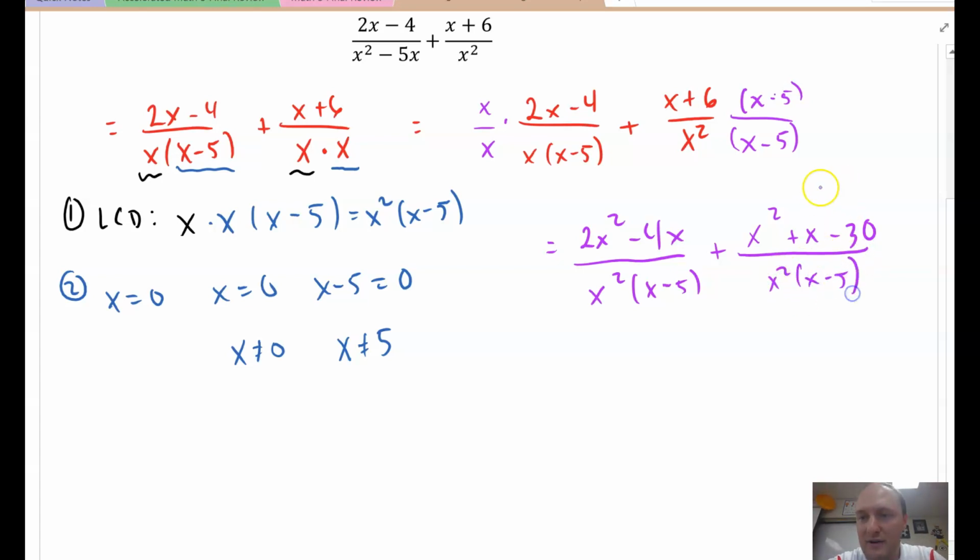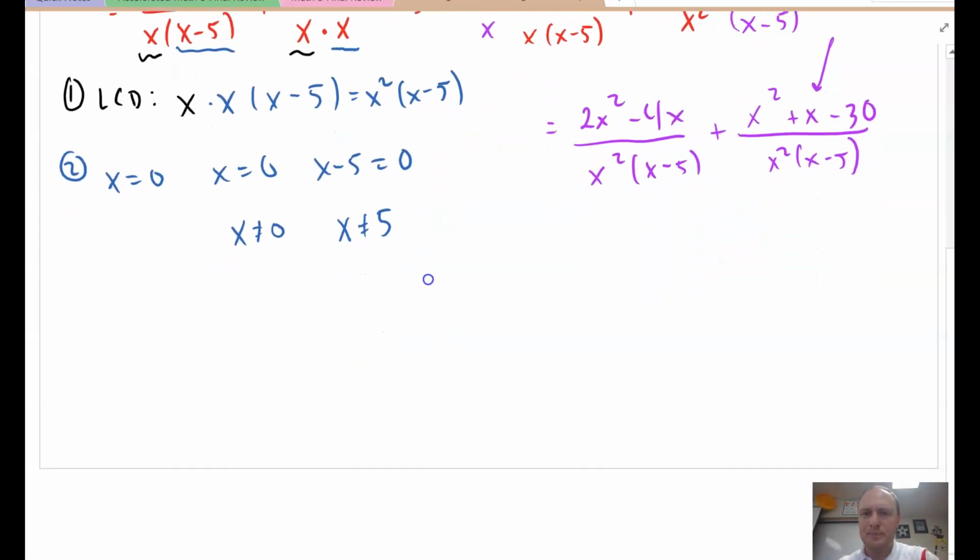If you're confused about how I got this x here, I just FOILed this out. Distribute, right? You're going to get your plus 6x minus 5x, and you get your term there. All right, so we're good to go. We're going to go ahead and add these. Notice with the plus sign, I don't have to distribute that negative, so we don't have to worry about the signs changing and anything weird happening. So I'm just going to add these. 2x squared plus an x squared.